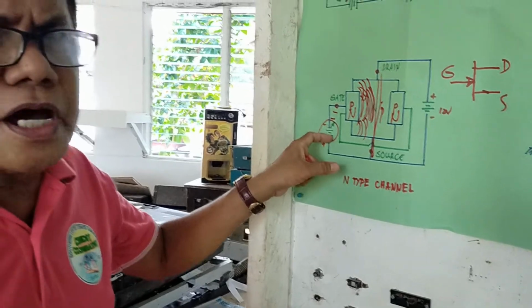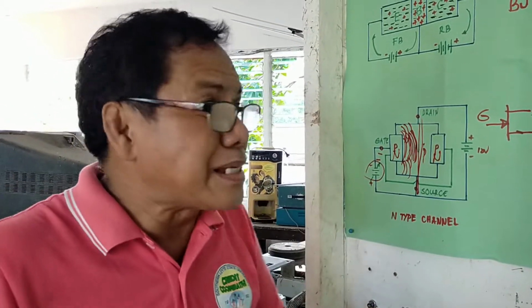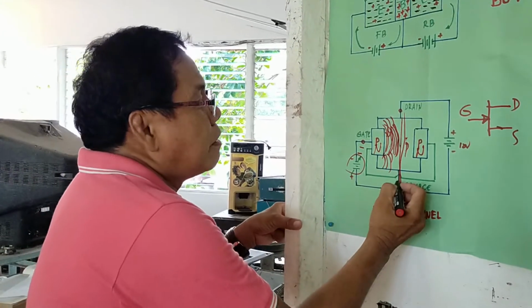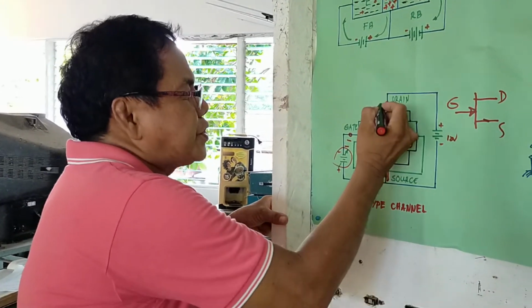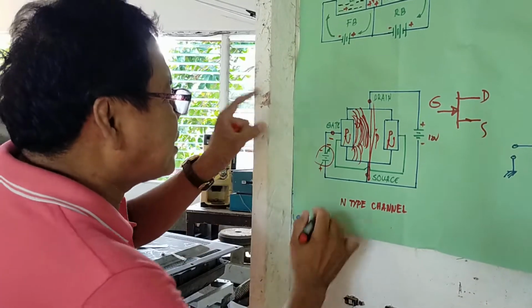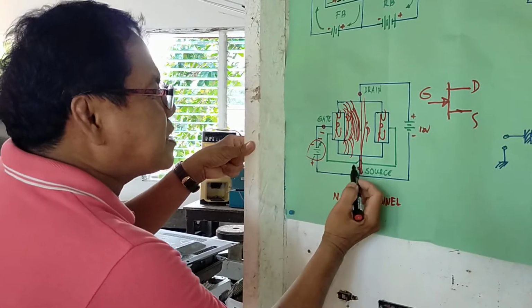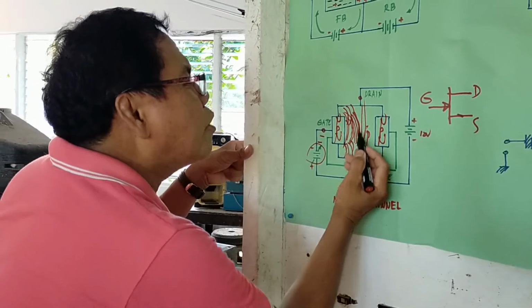The external voltage here actually is the audio signal, the sound signal, that controls the current and the holes. In the case of the P channel, meaning the gate is negative, the channel is positive, meaning the flow of the holes.